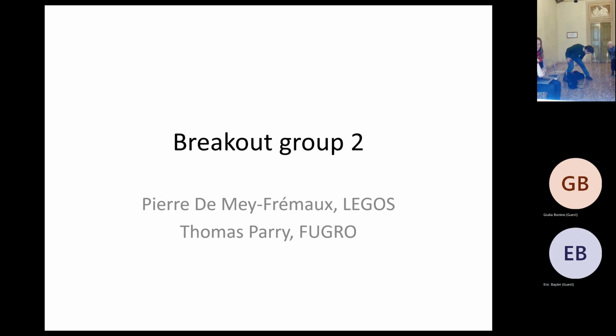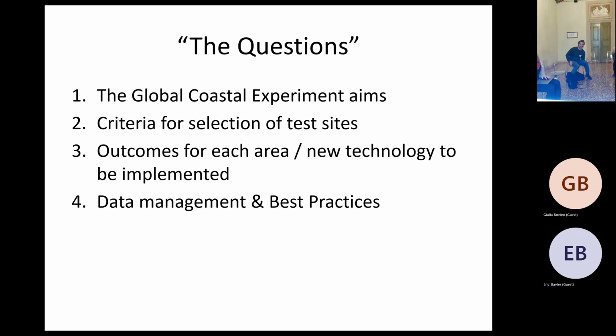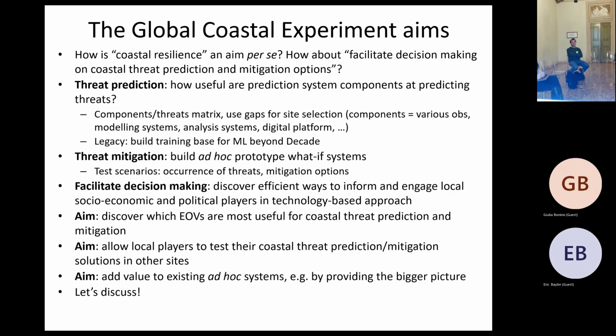Okay, so let's reconvene. Again, those questions. We thought of going to the second question, criteria of selection of test sites. To give my train of thought: I started with the idea of resilience and therefore the concept of threats, which can differ from one site to the other.